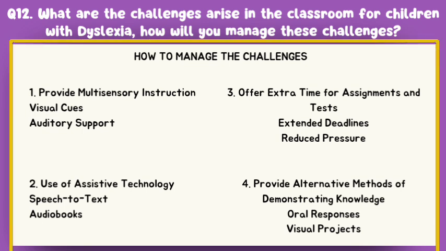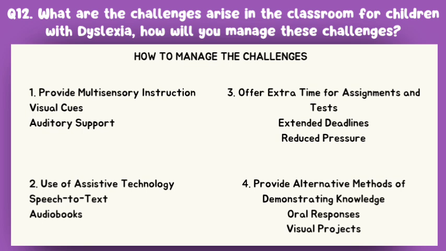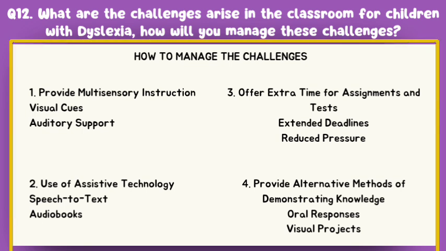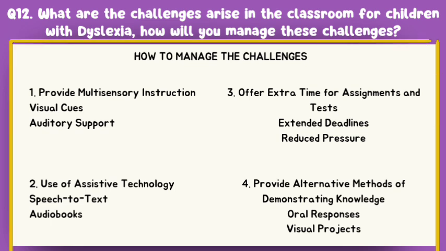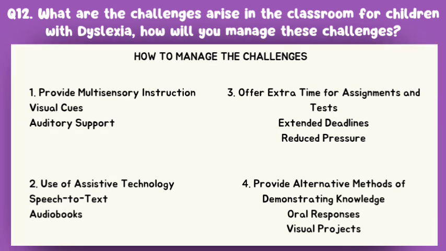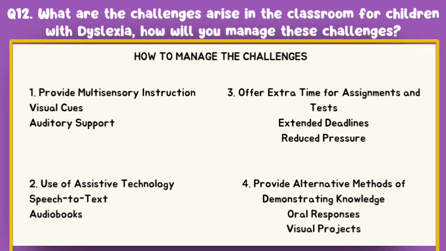The third one is offering extra time for assignments and tests. The fourth can be providing alternative methods of demonstrating knowledge. That means allowing children to express understanding through oral presentation or visual project or verbal responses instead of written work.